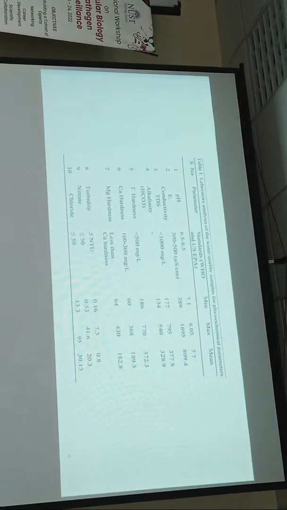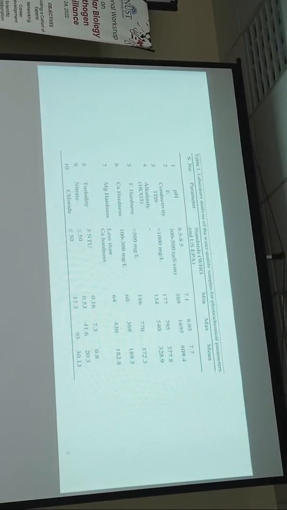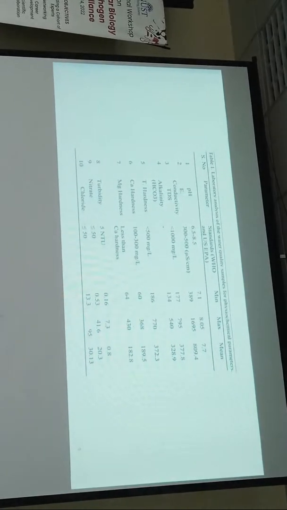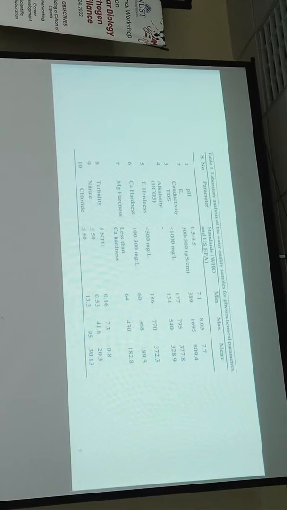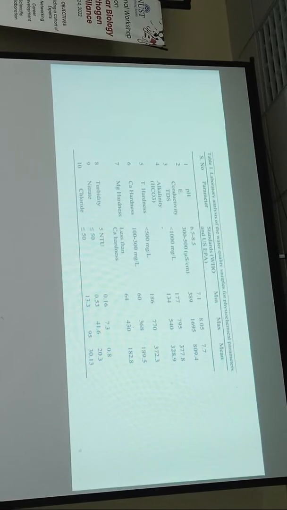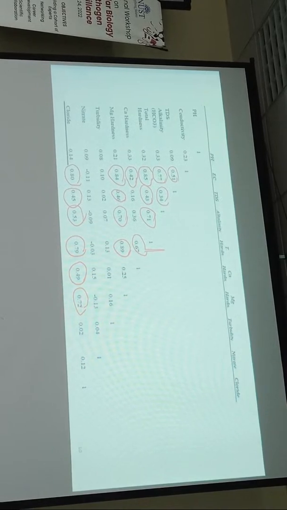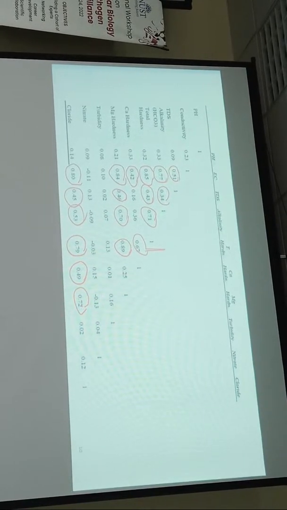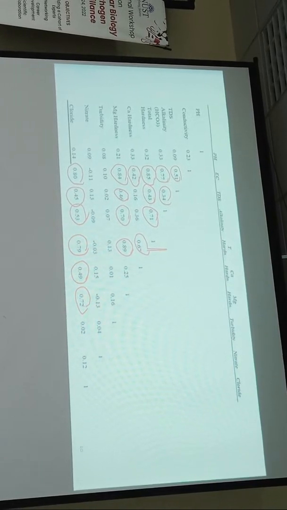If you look at the mean, median, mode, you cannot really tell where the pH is high or low, where the problem is, or the nitrate, chloride, and all those. And this is the cross correlation map of different physicochemical properties.